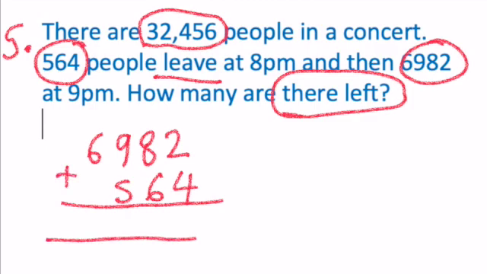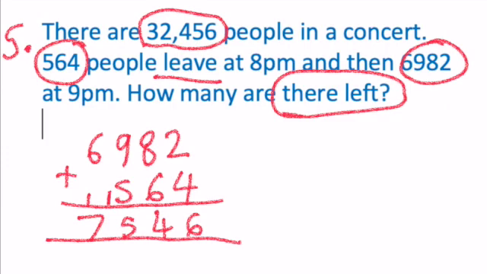So if I add those together, 4 add 2 is 6. 8 add 4 is 14, carry the 1. 9 add 1 is 10 plus 5 is 15. Right, I'm going to double check my addition. 6, 14, 15, 7. Right, good. So that's how many people leave altogether. Some at 9, some at 8.